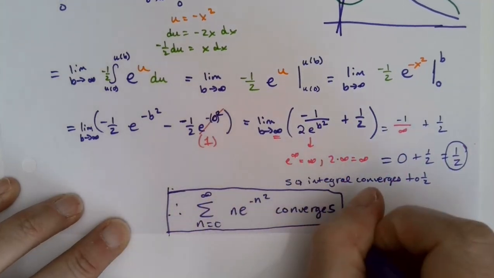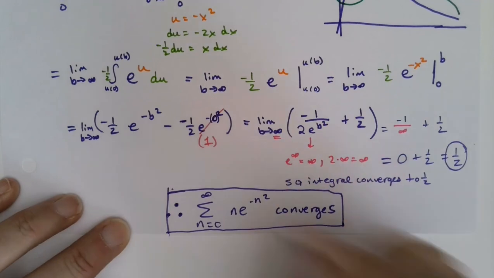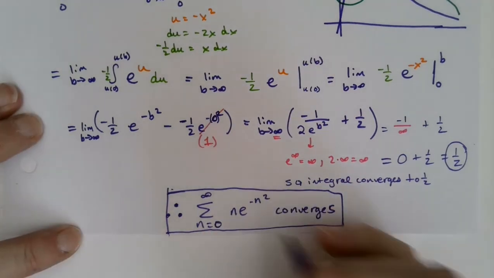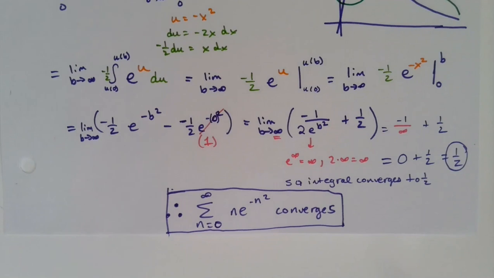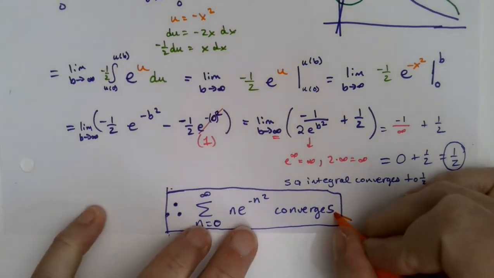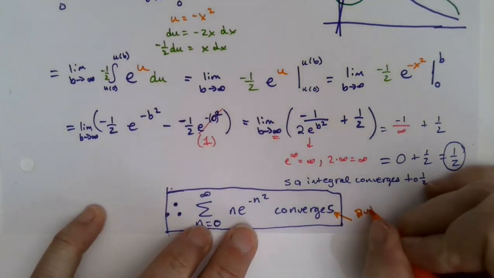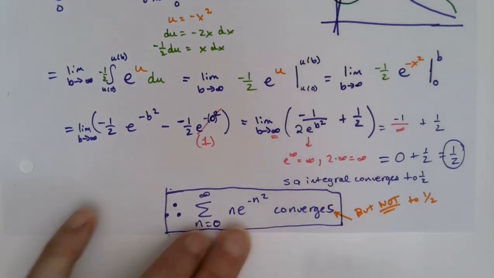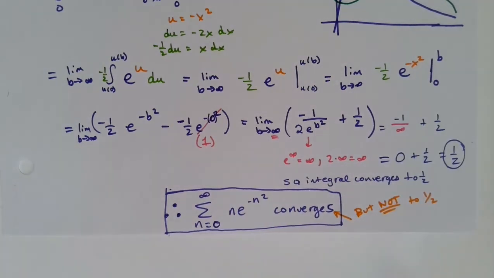But we know the series must converge because they go together. That's what the integral test says. They're going to either converge together or diverge together, but they're not going to converge to the same value. Divergent is easy because divergence is infinity everywhere. But even though this converges, it's not converging to 1/2. 1/2 is the integral part, but it's not the series.